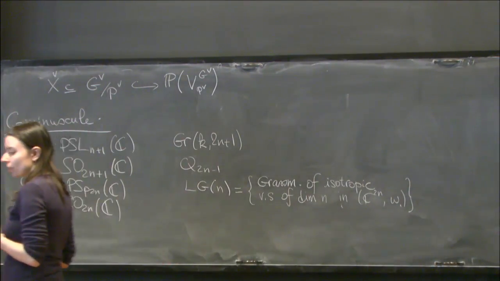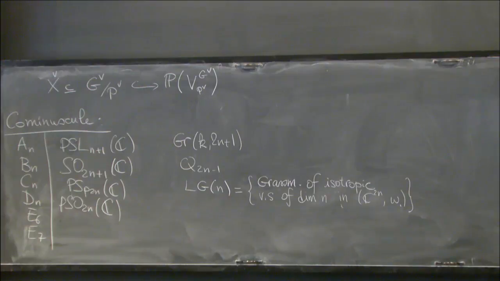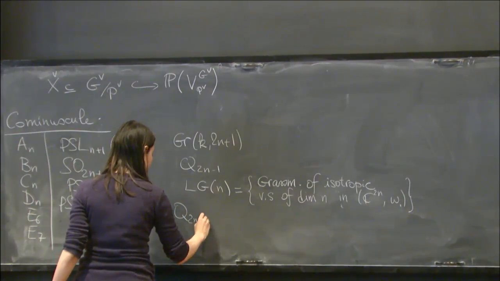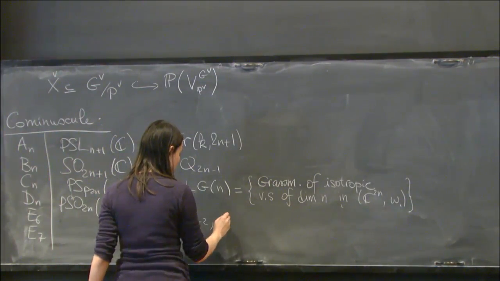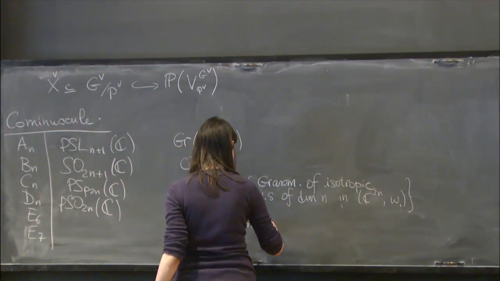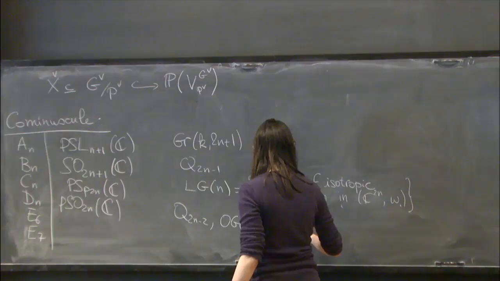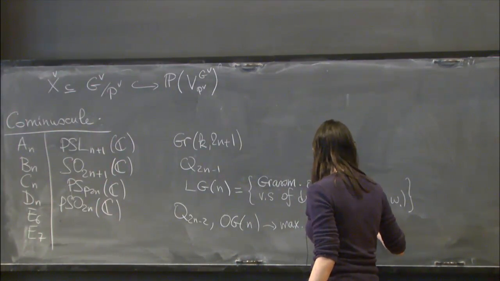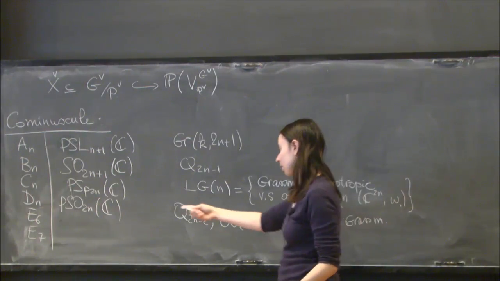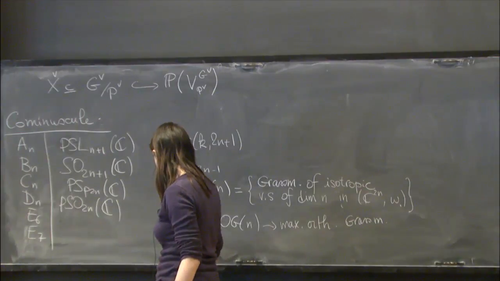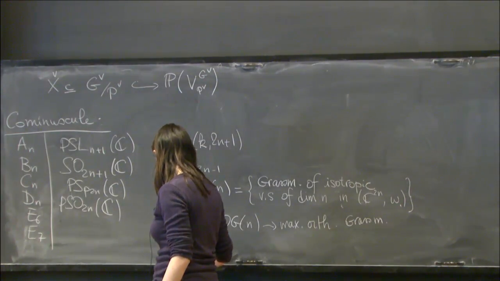And in type D_n, there is the even dimensional quadric Q_{2n-2}, and the maximal orthogonal Grassmannian. And well, here there's the Cayley plane that was mentioned earlier, and the Freudenthal variety.